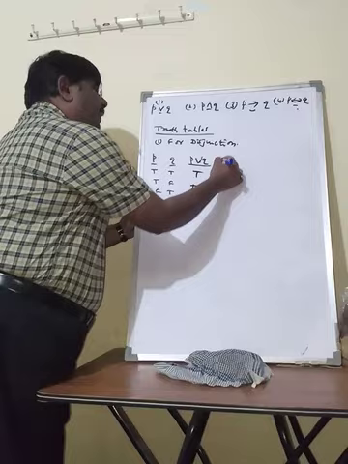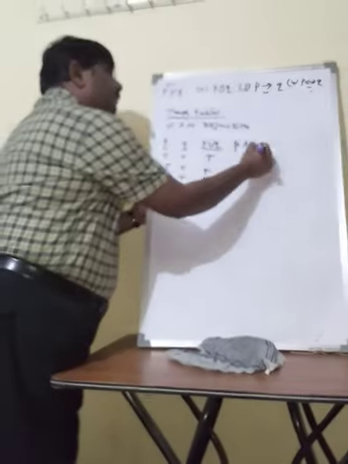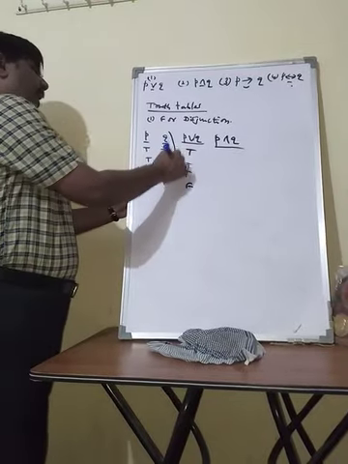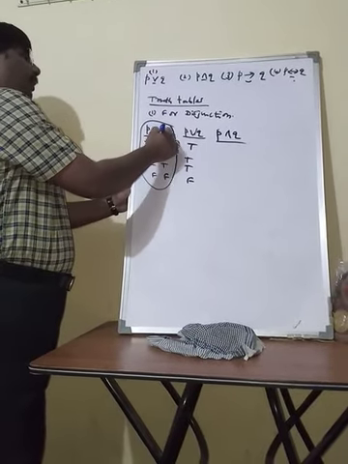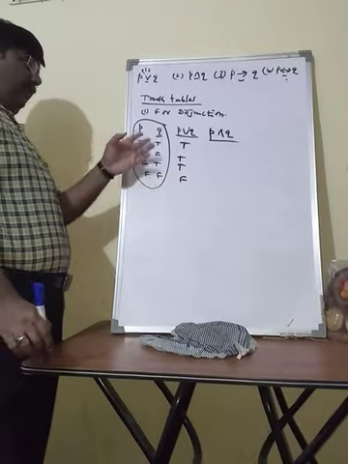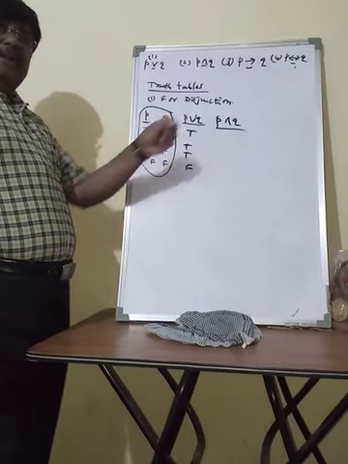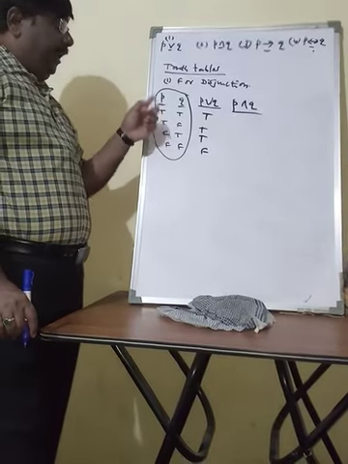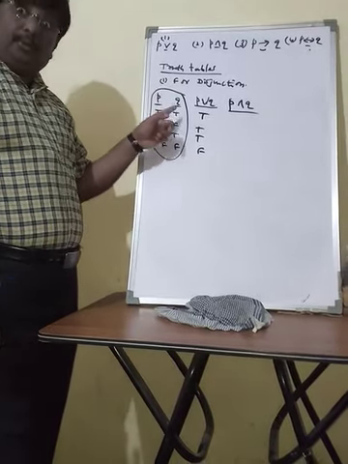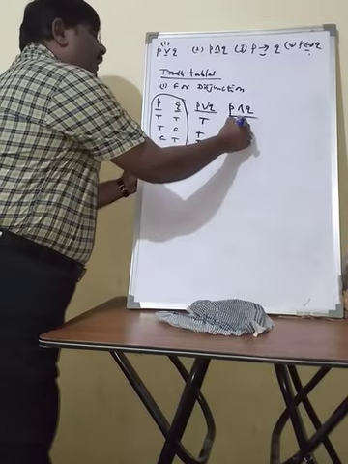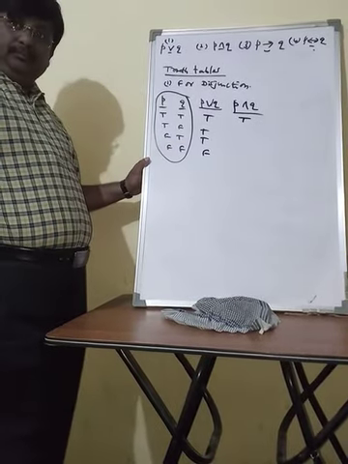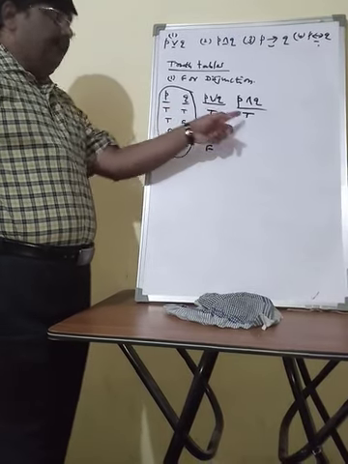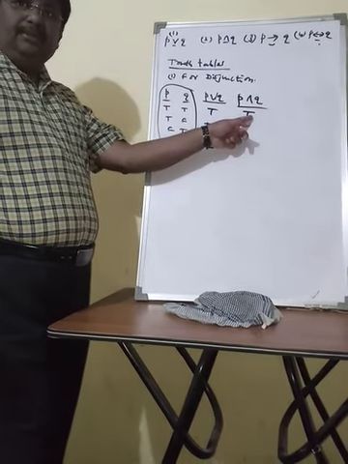Suppose I take conjunction, P conjunction Q. P and Q are the simple propositions, and these are their truth components. And means that if both P and Q are true, then only the resulting conjunction is true.